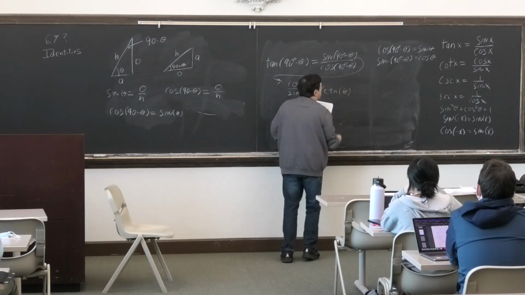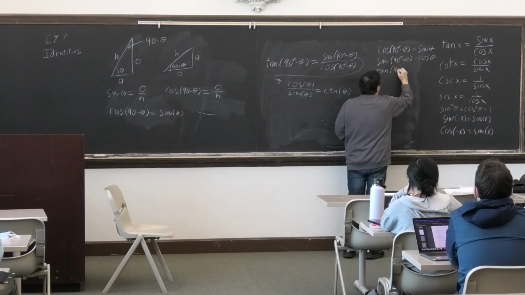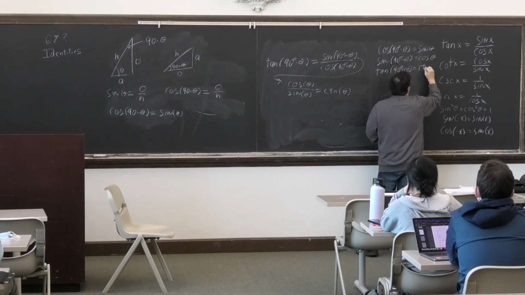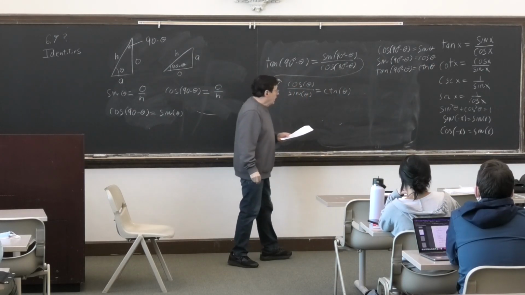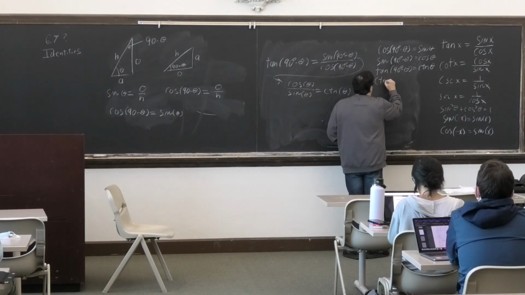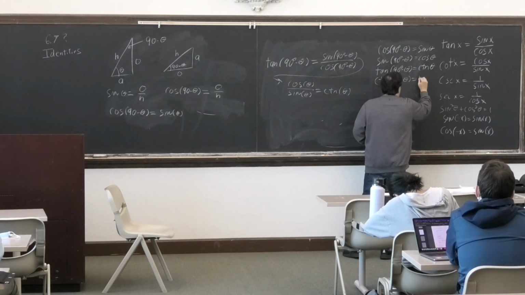Okay. As you might expect, the cotangent of 90 degrees minus theta is the tangent of theta.